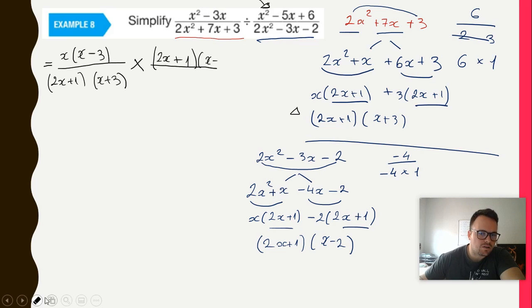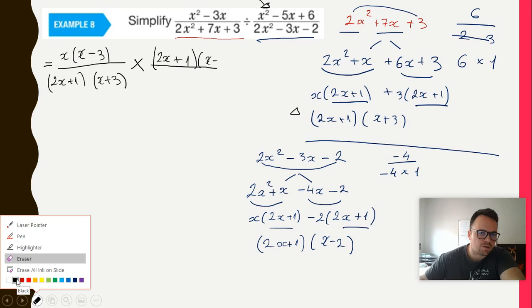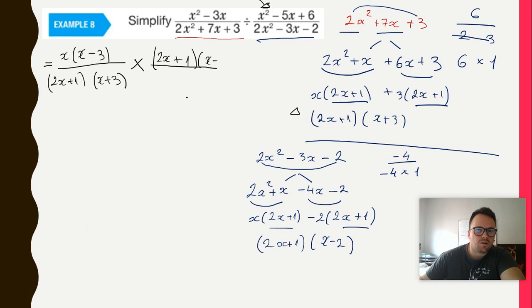Okay, so let's go back to pen. X minus 2, we said, yeah? And this bit here, that can be easily factorized. That's nothing less but x minus 3 times x minus 2. All right? And there we go.